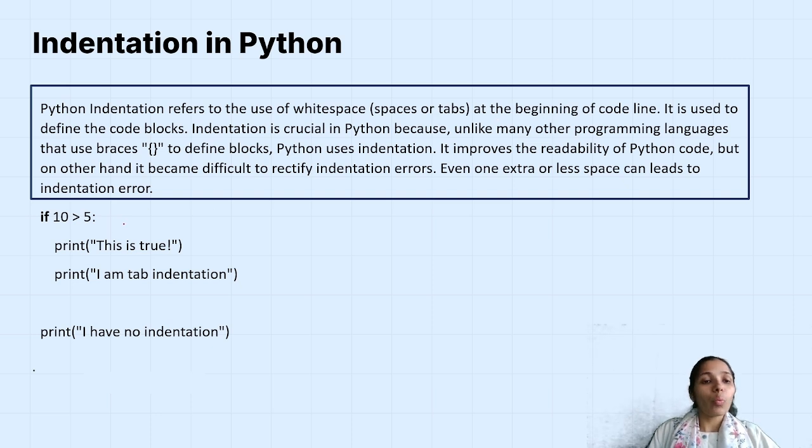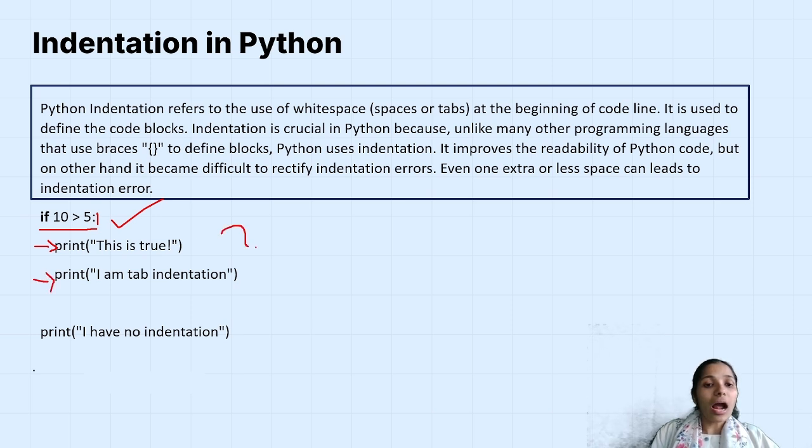Whenever we are writing code in Python, the spacing has to be done correctly. For example, here is a conditional statement: if 10 is greater than 5, followed by a colon, and then we have left some white space.